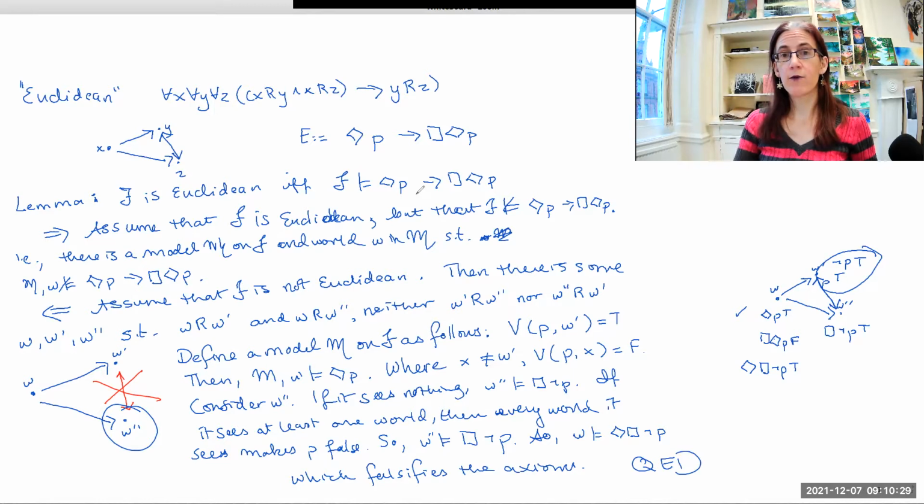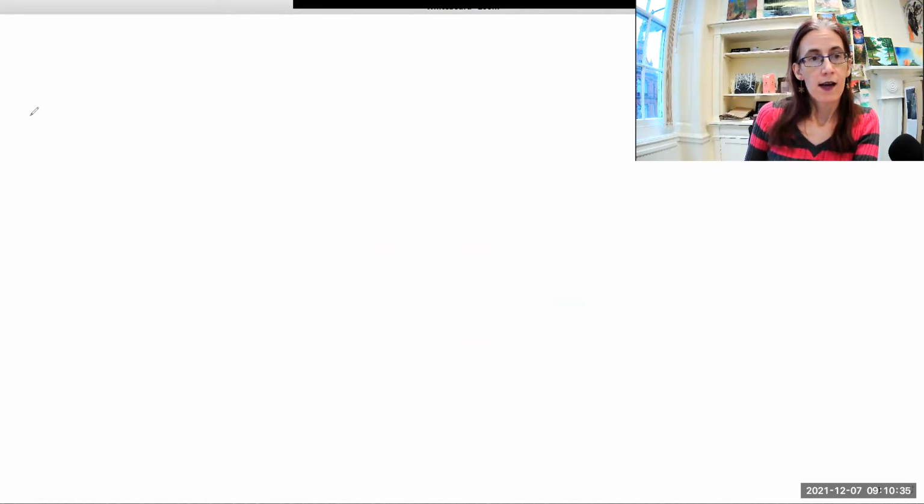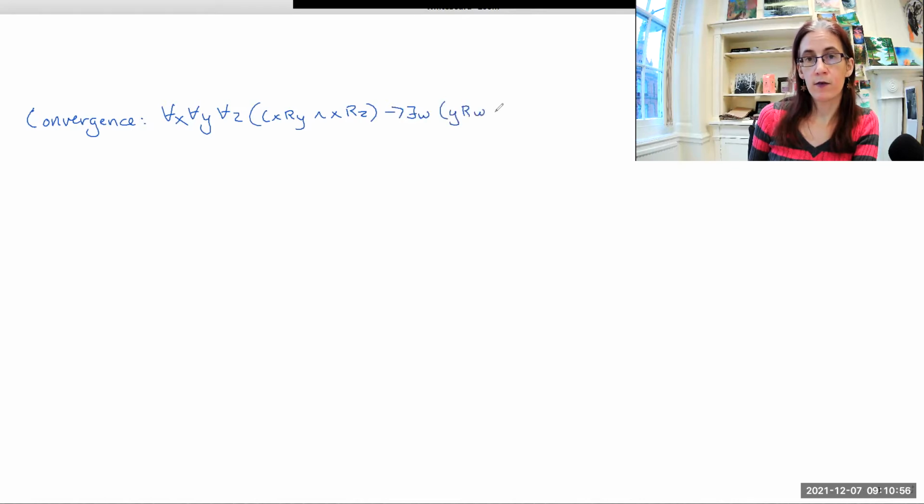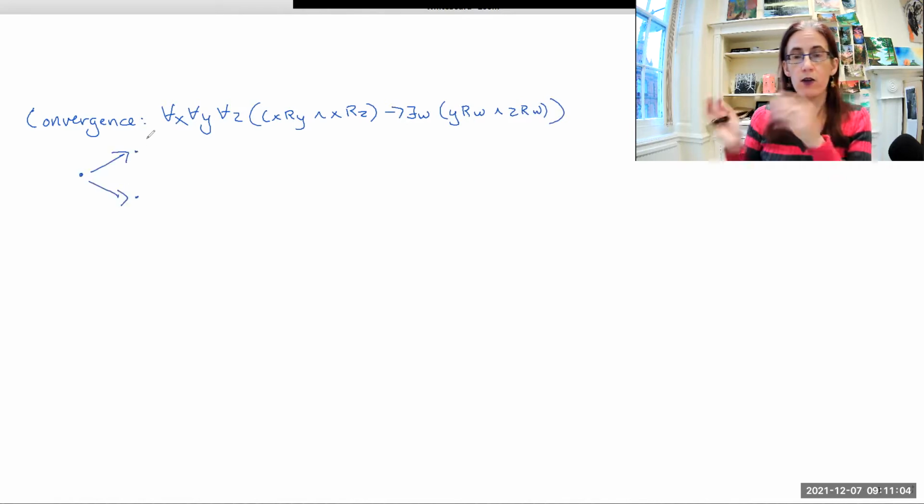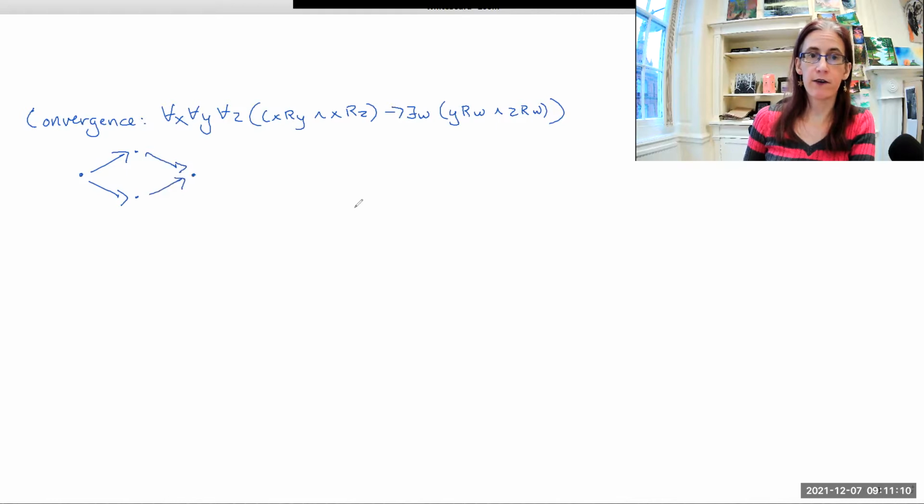And I told you that I would give you another one that you can practice on your own. So I will clear everything here. Consider this frame property, convergence, which says for every X, for every Y, and for every Z, if X sees Y and X sees Z, then there is some world W such that Y sees W and Z sees W. So what we have here is any time that you branch going forward from a world, you will always eventually come back and converge.